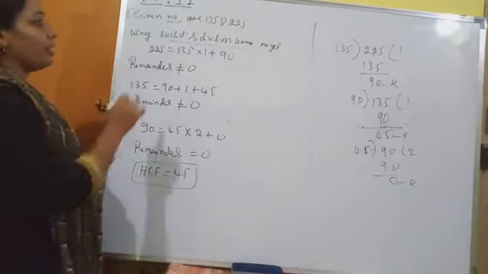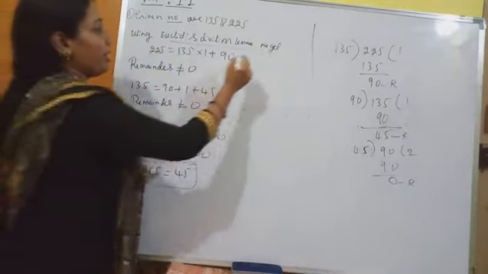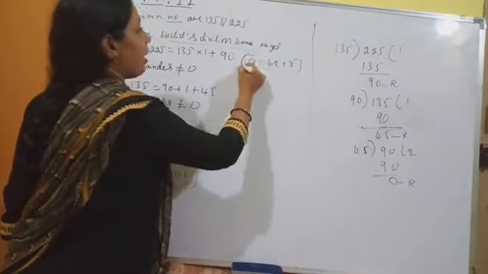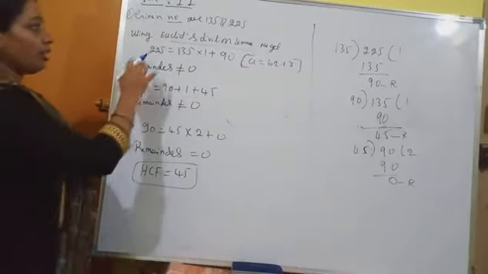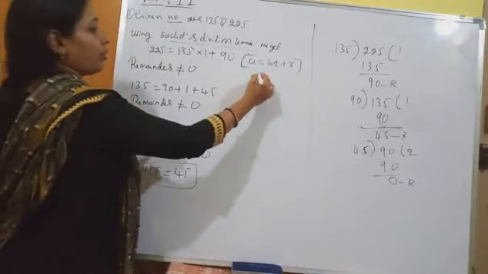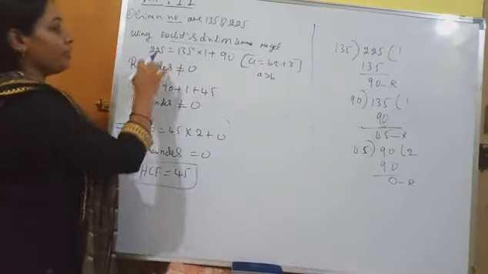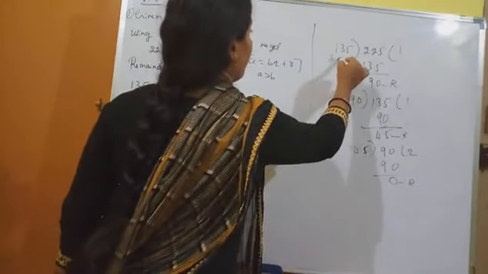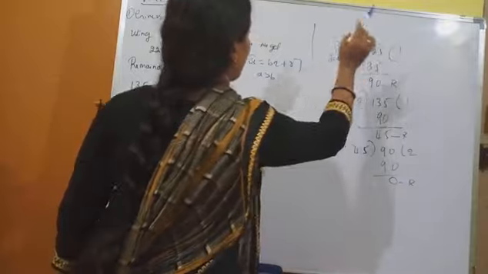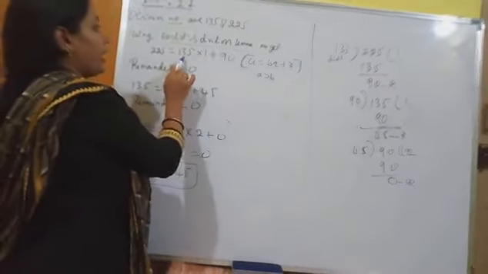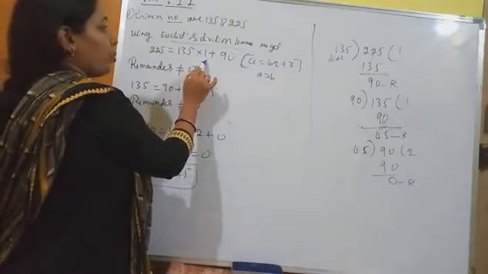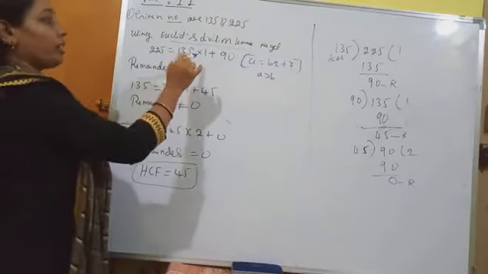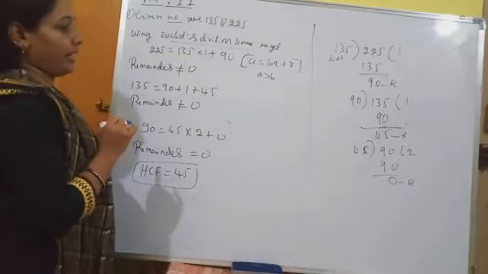If you apply Euclid's division lemma, what is Euclid's division lemma? A is equal to BQ plus R, where A is always greater than B. Dividend is equal to divisor into quotient plus remainder. 225 can be written as 135 into 1 plus 90.